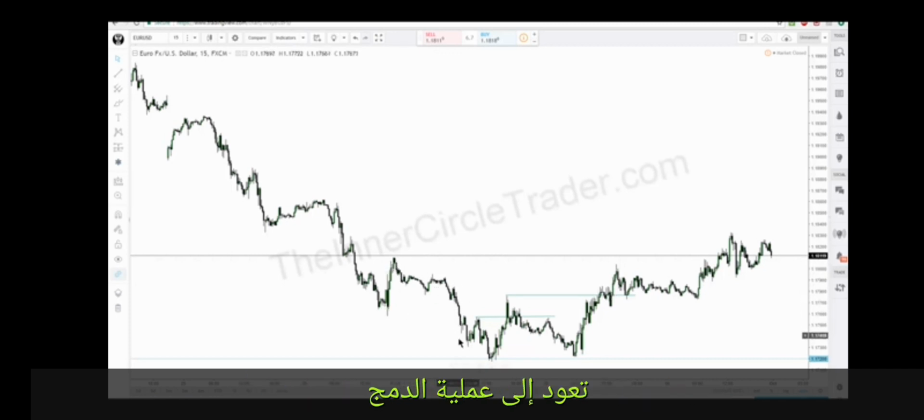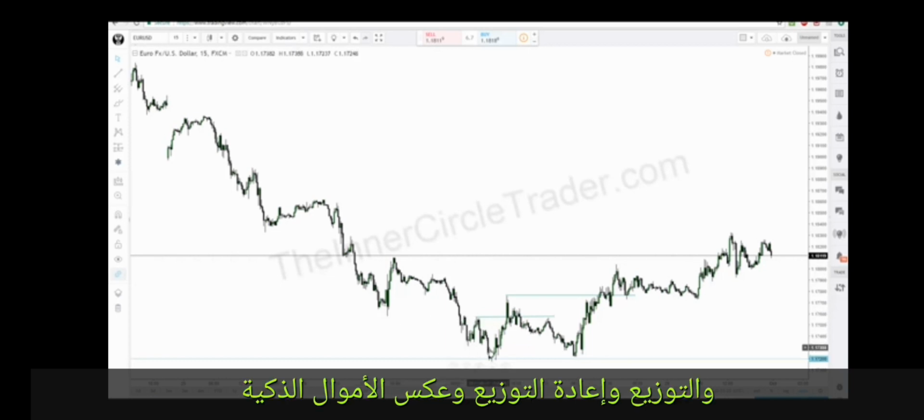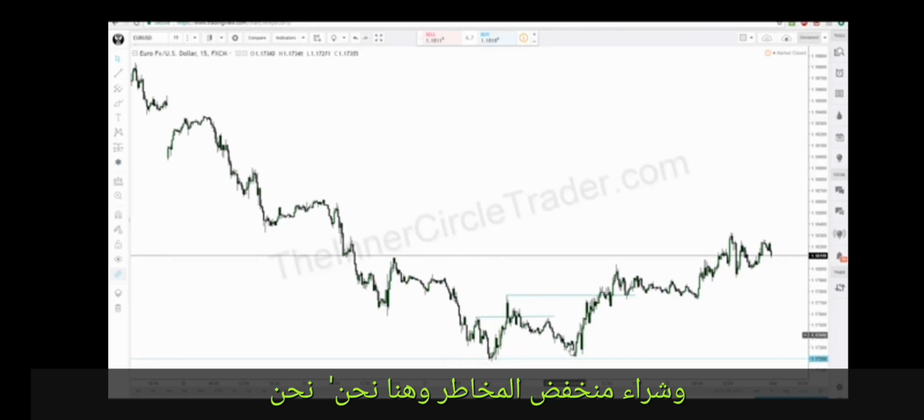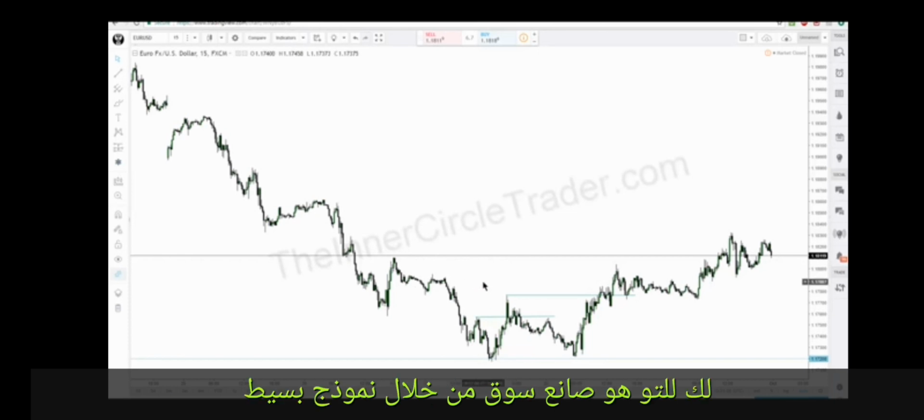Price trades away, comes back to the consolidation: distribution, redistribution, smart money reversal, low risk buy. And here we're looking for another area of accumulation or reaccumulation to take us above this consolidation.